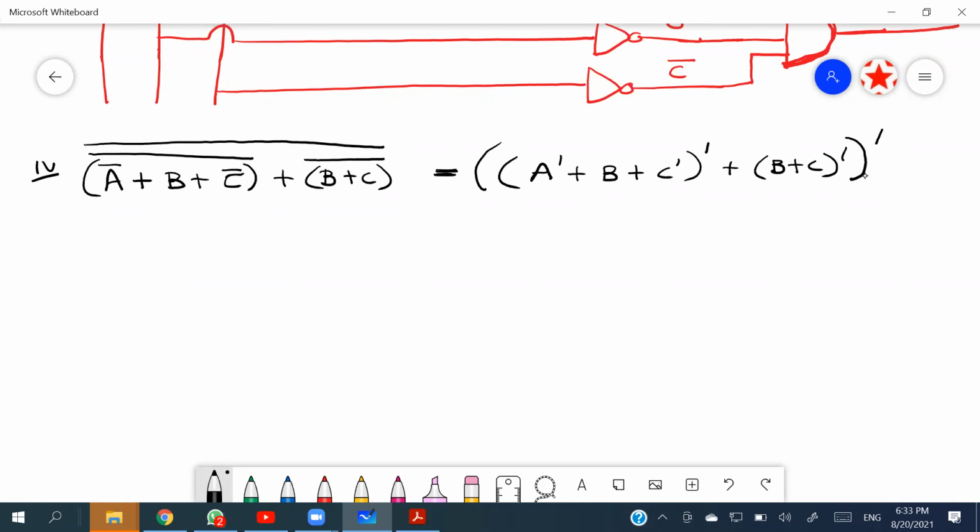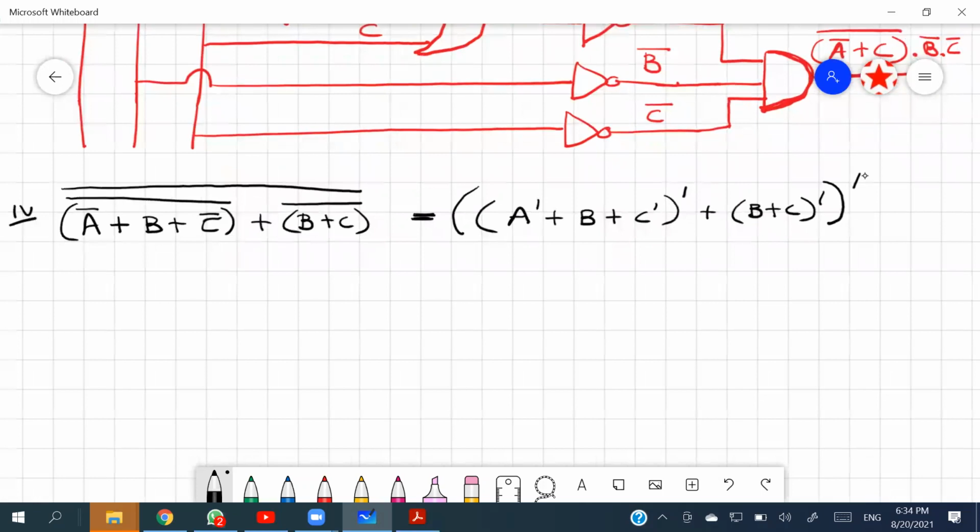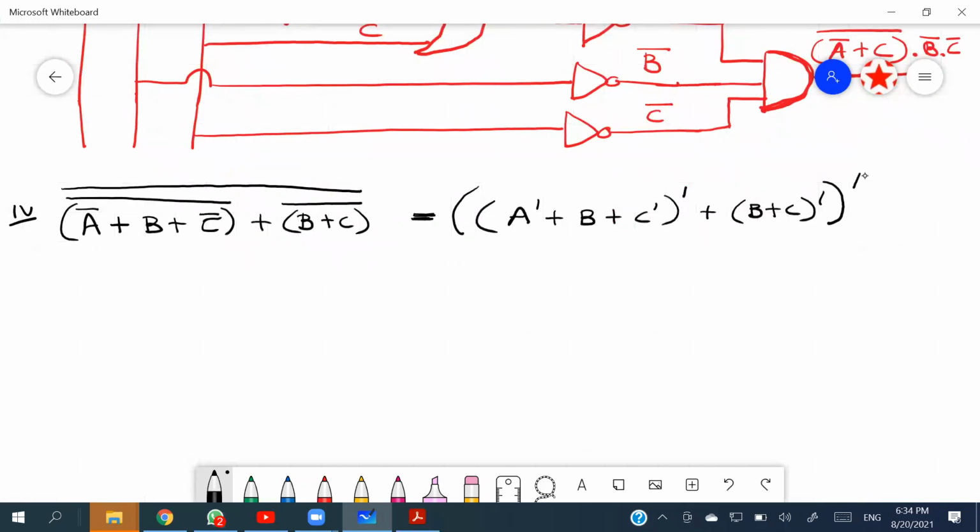That means either you can go for the first bracket and create A bar and C bar and complete the circuit part, or you can go for the B and C, and B plus C bar can be created. That doesn't matter, right? So first, there are 3 different variables. So as usual, we got 3 input lines, which are A, B, and C.